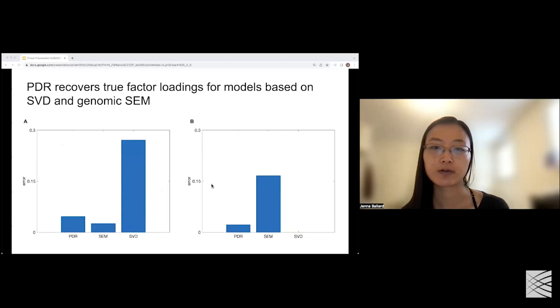For the results from the model based on SEM in panel A, genomic SEM was able to recover the factor weights, whereas SVD did not. And for data generated from a model based on the SVD method, we can see that PDR and SVD recovered the factor weights, but SEM did not.